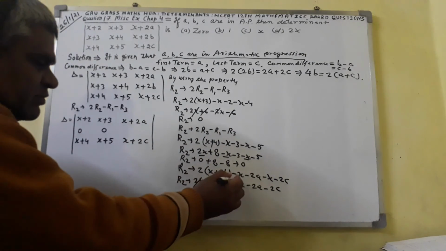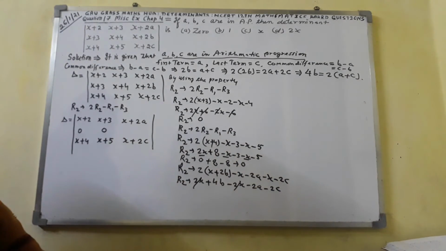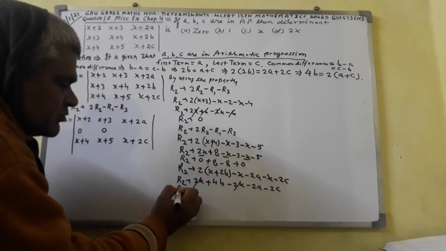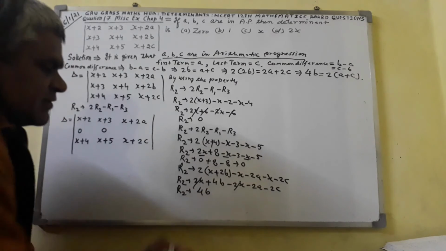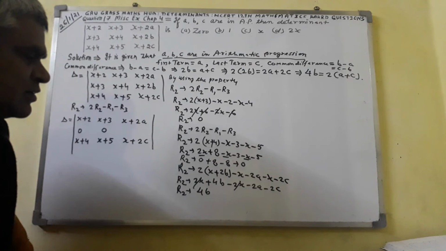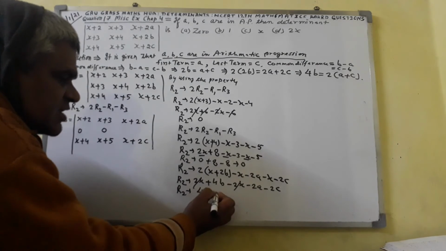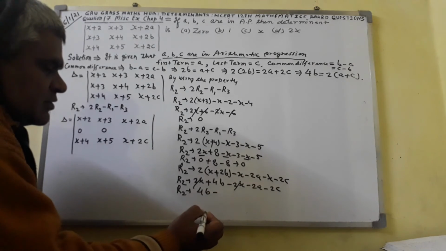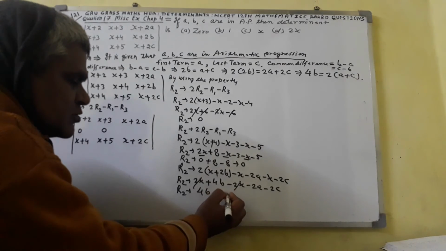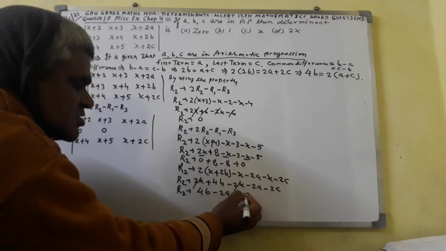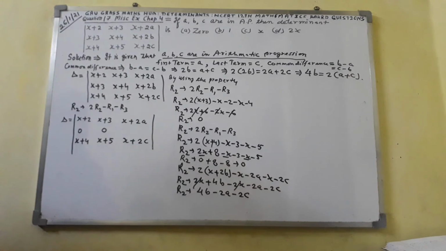Plus 2x minus 2x will be cancelled out. We will get R2 goes to 4b. If I take minus common, 4b minus 2a minus 2c. This thing we will get.